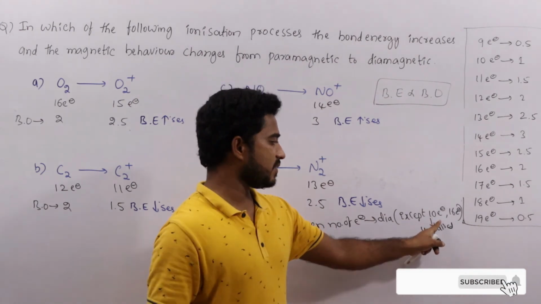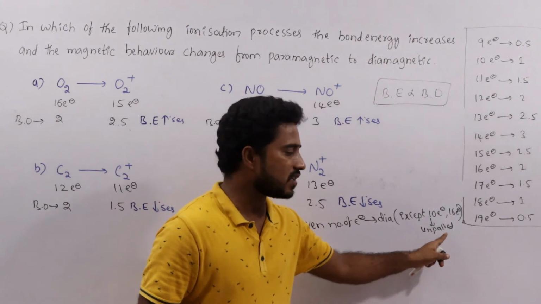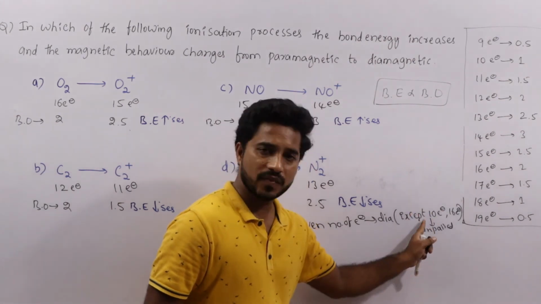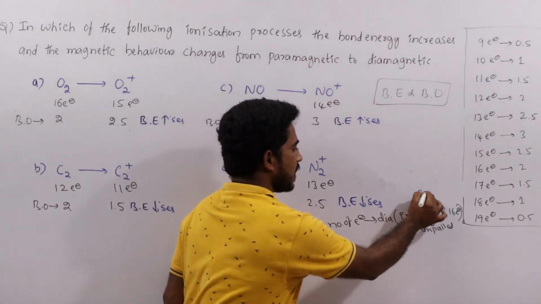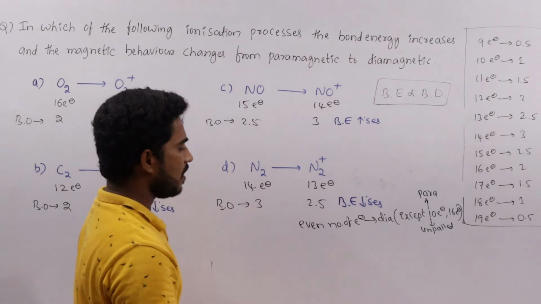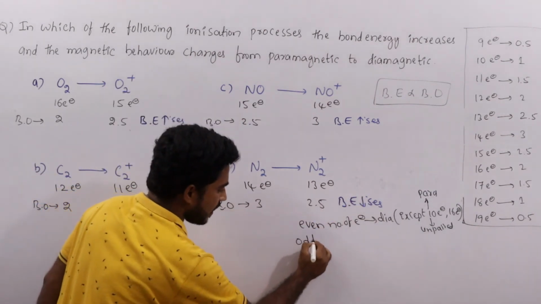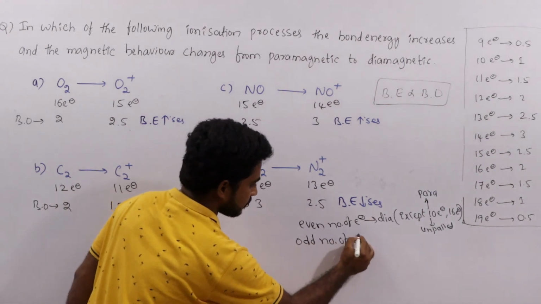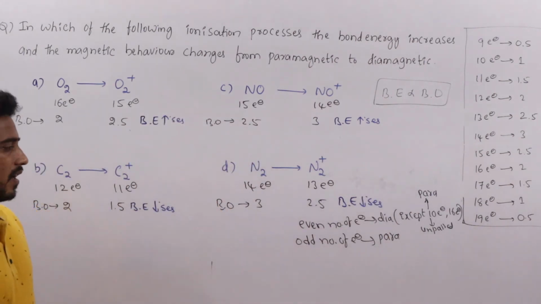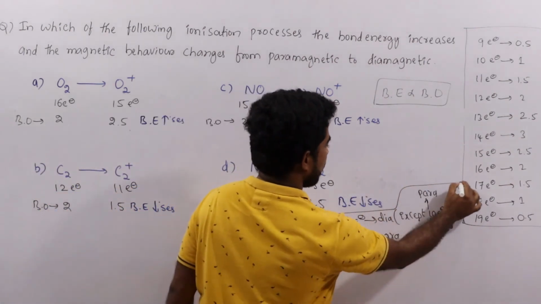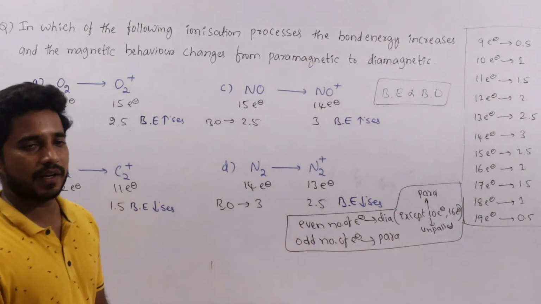So these two show paramagnetic nature, and all the remaining even-electron species are diamagnetic. Species containing an odd number of electrons are always paramagnetic. This is very important. Remember, for this type of question this is a very useful trick.